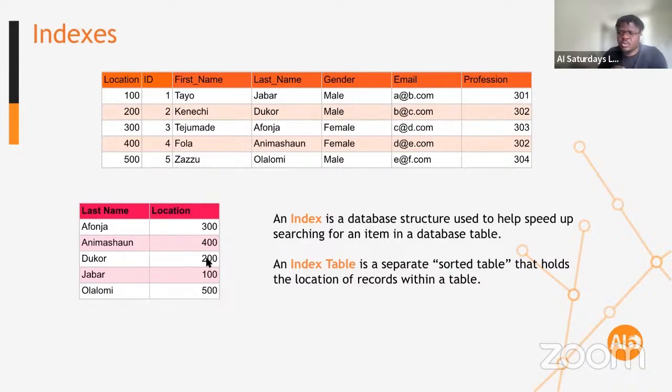Once it knows location 200, it is no longer looking just for Ducor. Rather, it is looking for location 200, and it is going to find where position 200 is within the system, rather than looking for Ducor in a list of many names. Does that make sense?